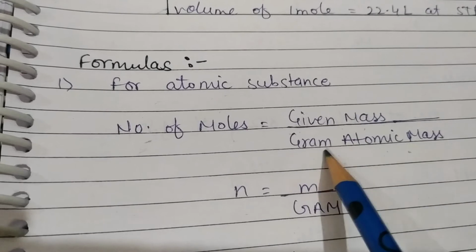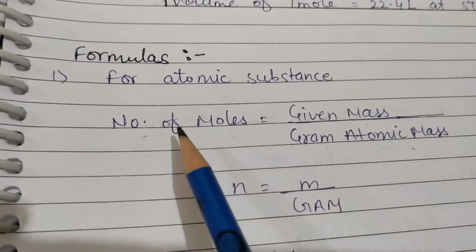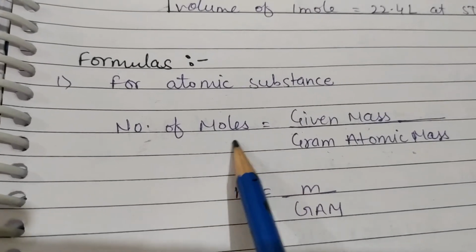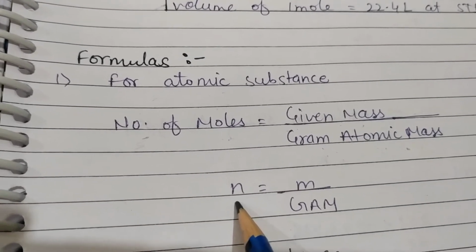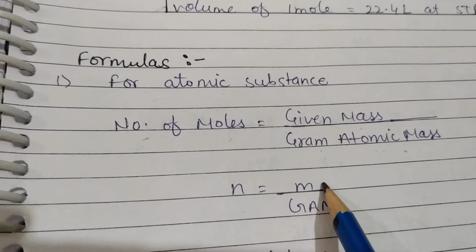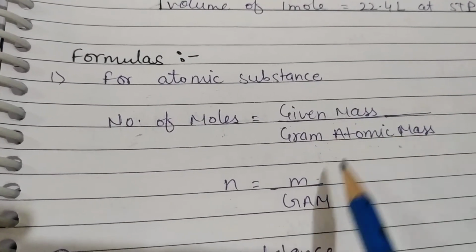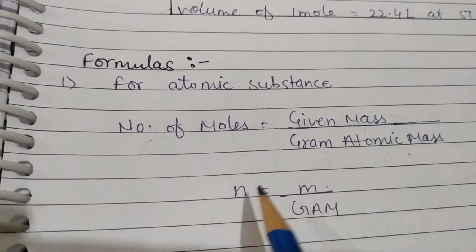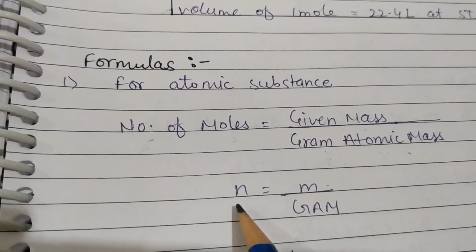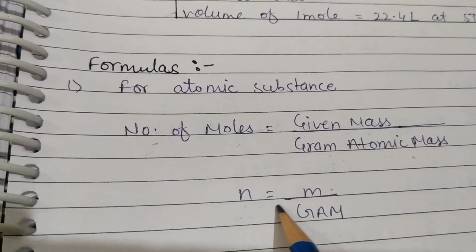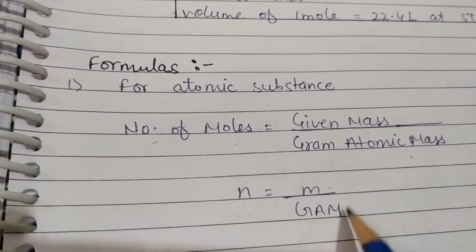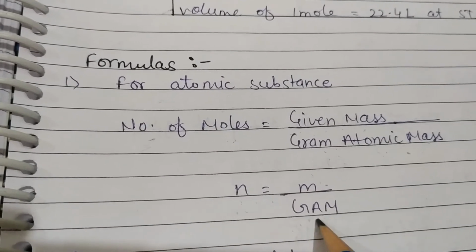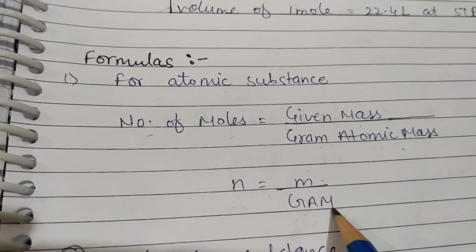Here the number of moles is denoted by n, given mass by M, and gram atomic mass we can write as GAM. So for atomic substances, the formula for finding the number of moles is n = M divided by GAM, where M is given mass and GAM is gram atomic mass. I hope this is clear to you.